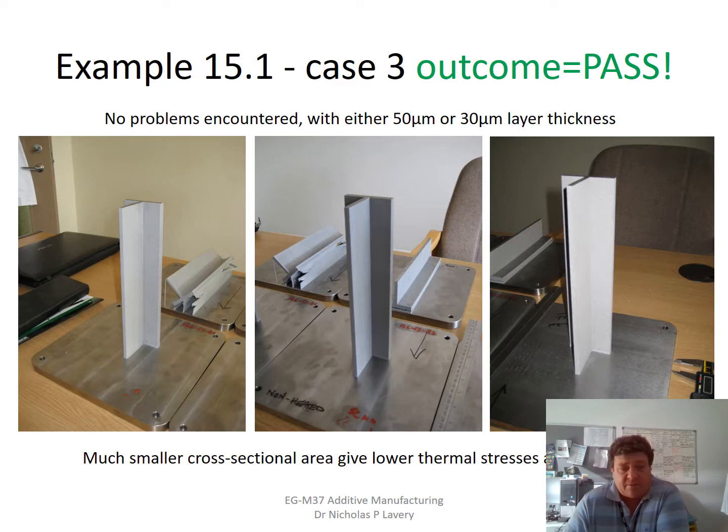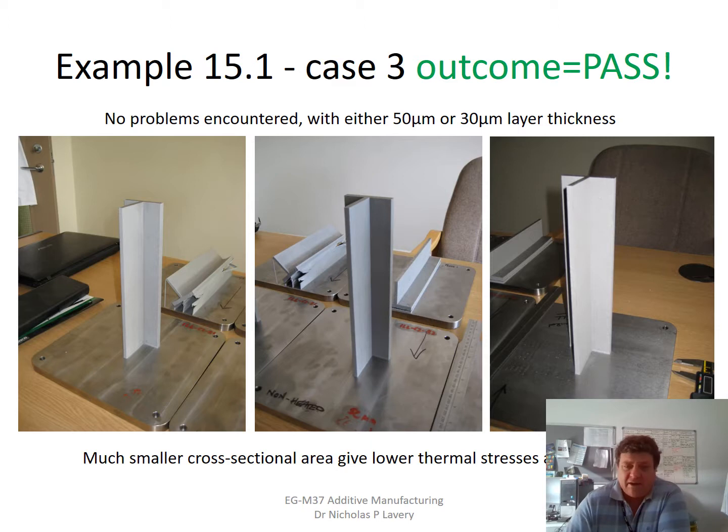So therefore it has plenty of time to cool down, and at each recoating of the powder bed, and this built up without any problems, and in fact without any significant distortions.